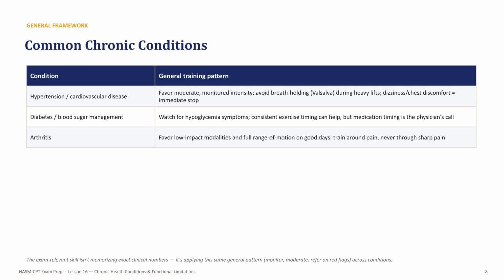Consistent exercise timing can help, but medication timing is the physician's call. Arthritis: favor low-impact modalities and full range of motion on good days. Train around pain, never through sharp pain. Here's the exam-relevant skill. It isn't memorizing exact clinical numbers. It's applying this same general pattern. Monitor, moderate, refer on red flags across every condition.